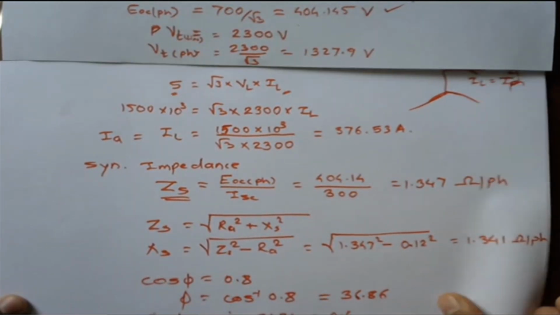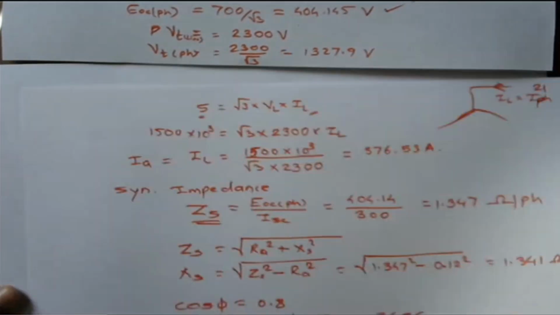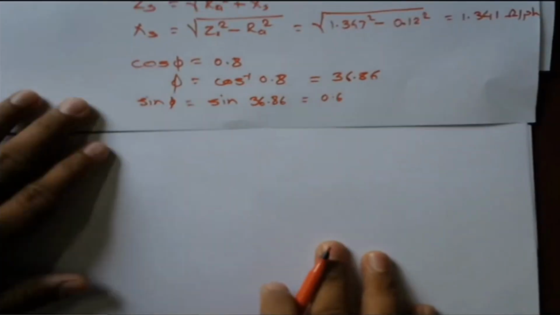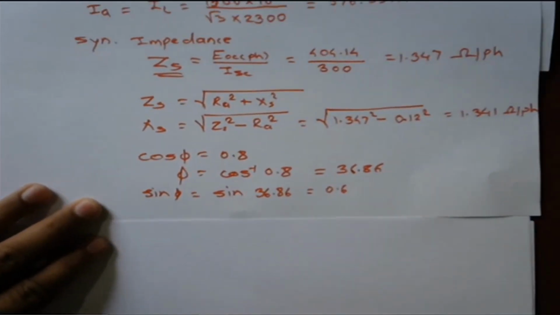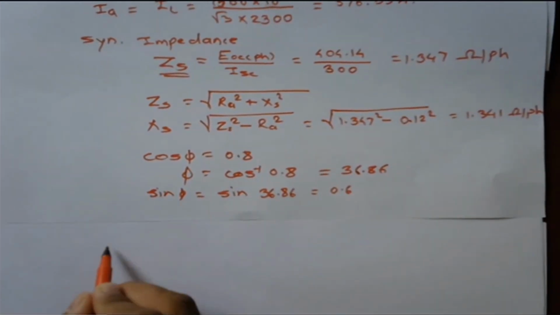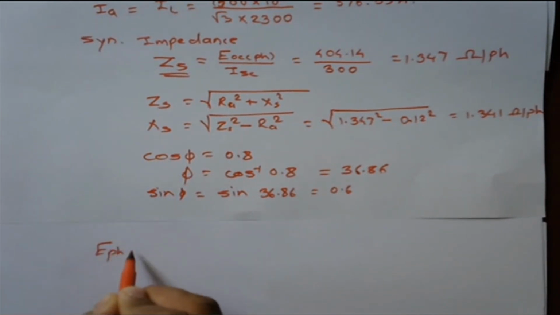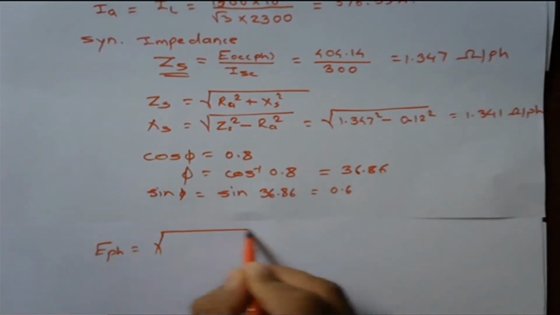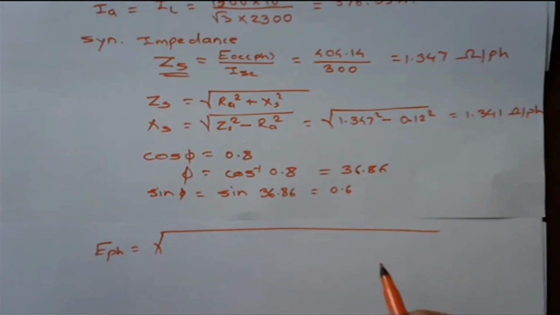So I know all the values which are required to calculate EPH. Right now it is a lagging power factor load. So for lagging power factor load, what is the formula?